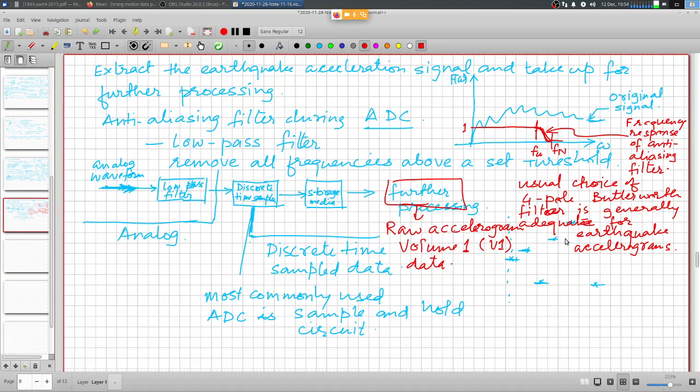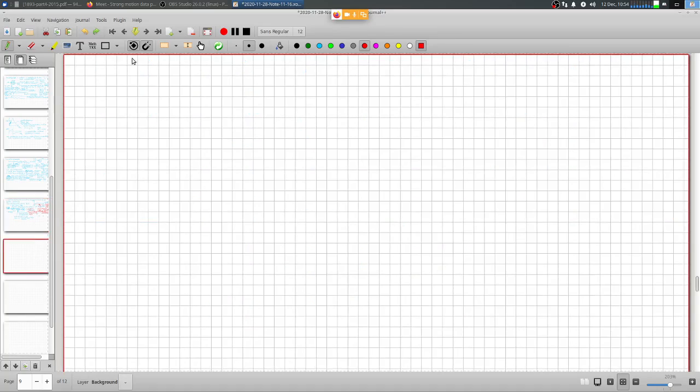Now, what is that further analysis that we need to do? So the first step is the processing of the raw accelerograph.